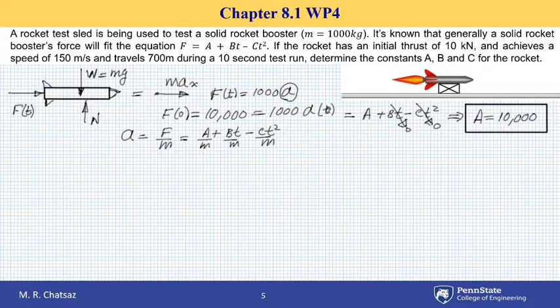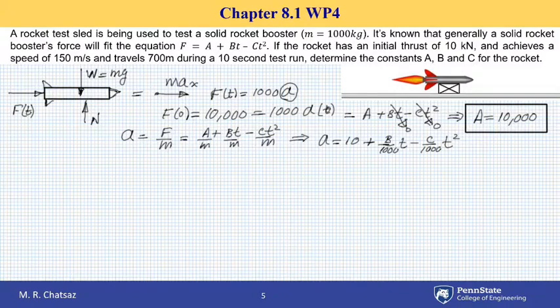If I divide every term by the mass of 1000, then I have acceleration equal to 10,000 over 1000, which is 10, plus B over 1000 t minus C over 1000 t squared.